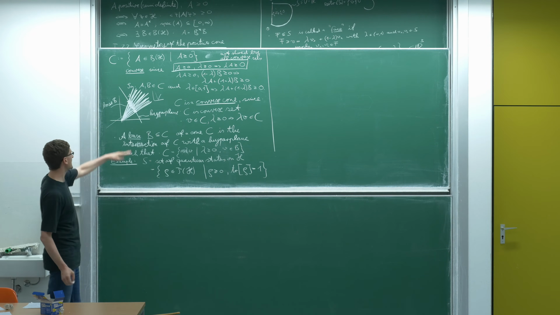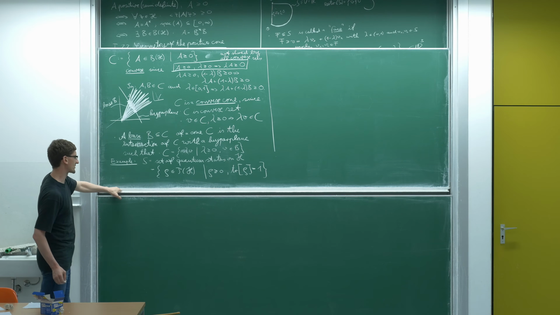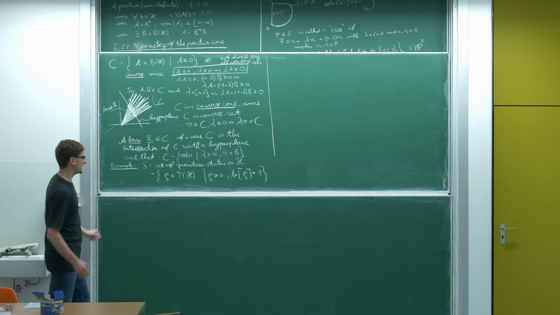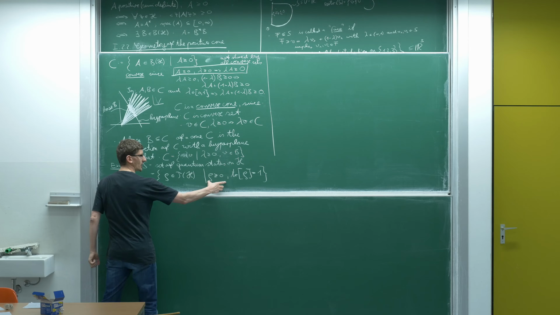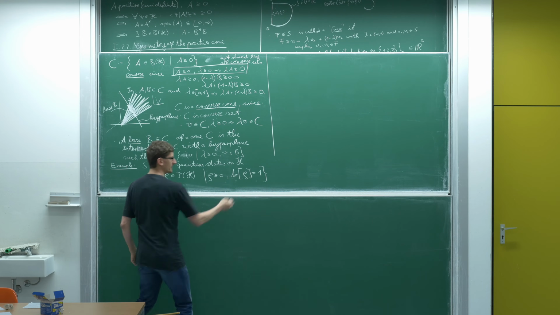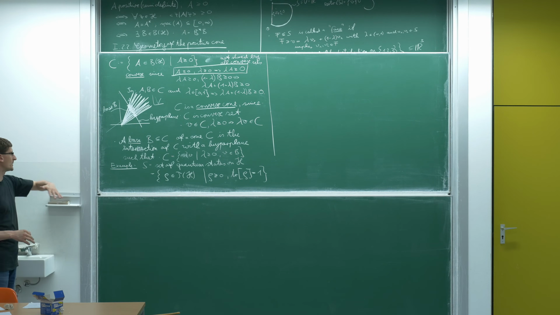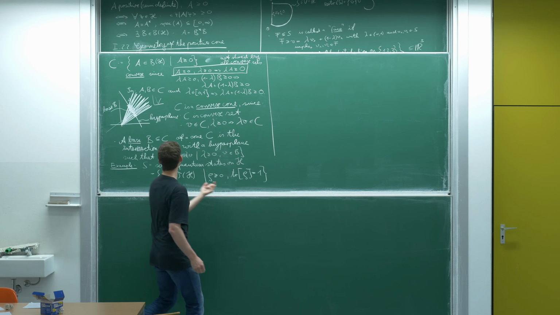So the set of quantum states is exactly of this structure. It is the intersection of the positive semidefinite cone with a hyperplane. And in this case, it's the hyperplane of all states that have trace 1. So this is one linear condition.